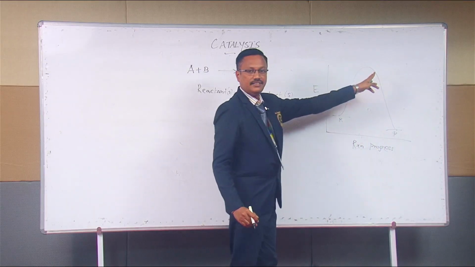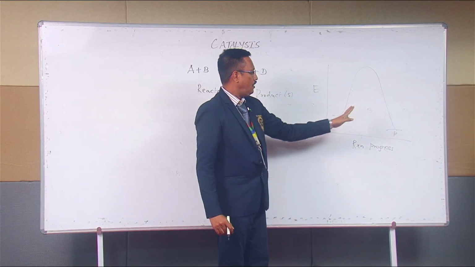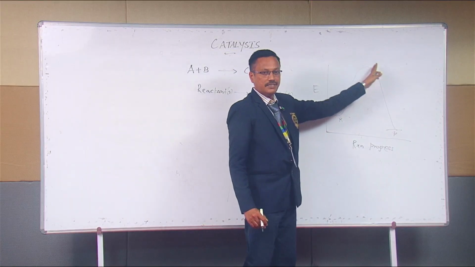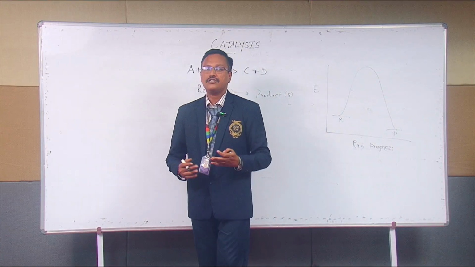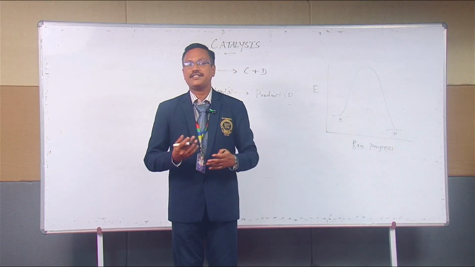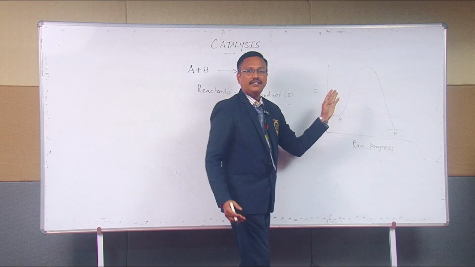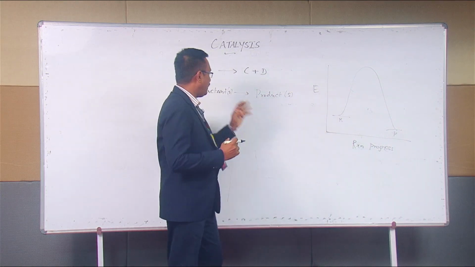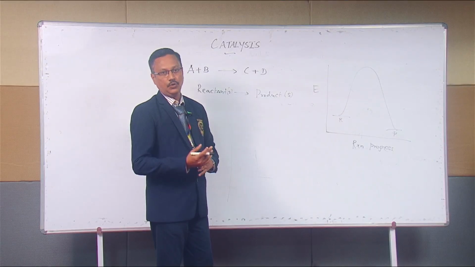This is the highest energy it has to surmount, it has to cross over. For crossing over this energy, to overcome the energy barrier, it has to work. It has to spend some energy. It has to take some time. When the energy barrier is very high, the time taken by the reactant to be converted into product will be more.